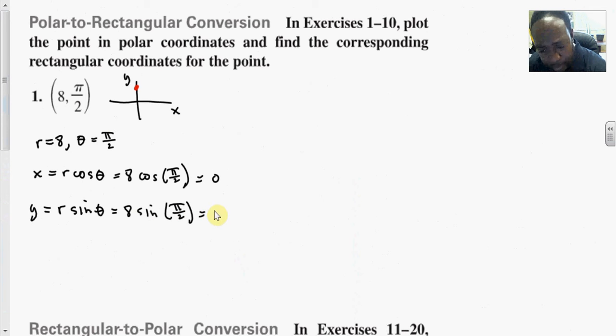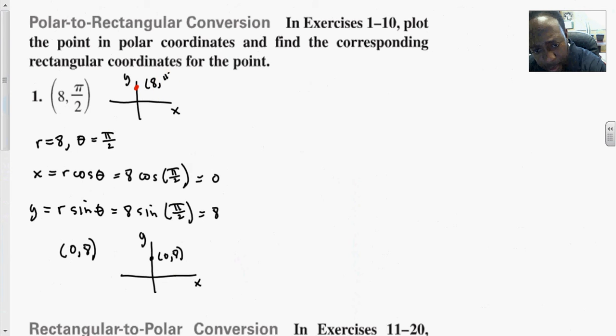This gives you 8 times 1, we get 8. So the point is 0, 8, which is the same thing as 8, pi over 2.